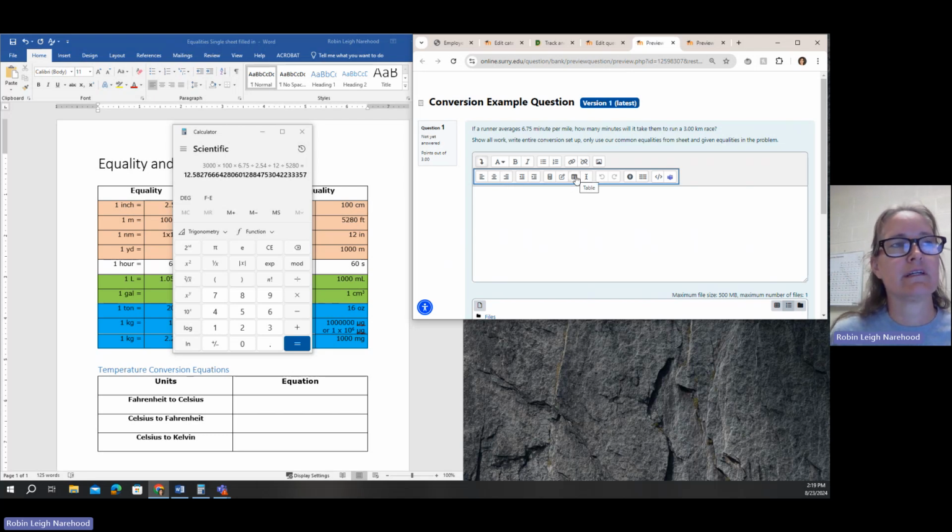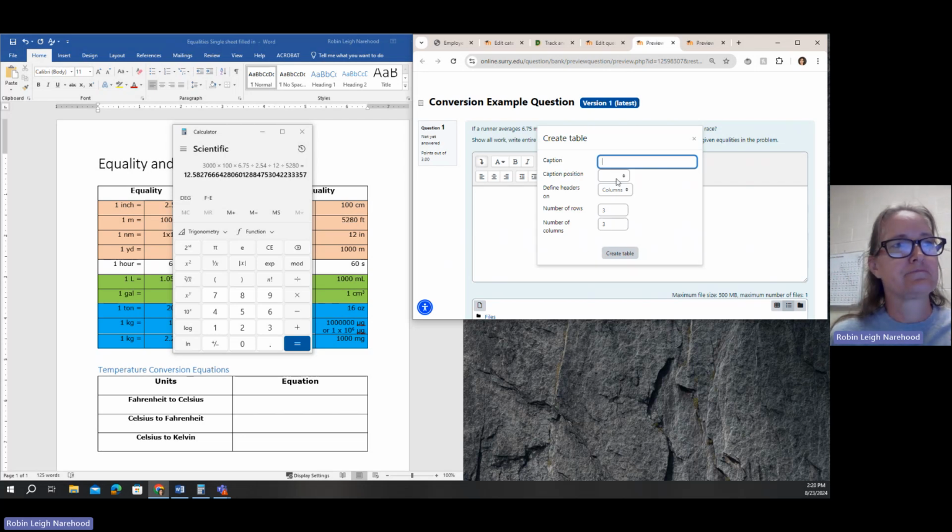This button here is a table button. And we want a data table that has 2 rows, so you have a top and a bottom. And then I'm going to put 7 columns just to make sure I have enough. So I'm going to do 2 rows and 7 columns.